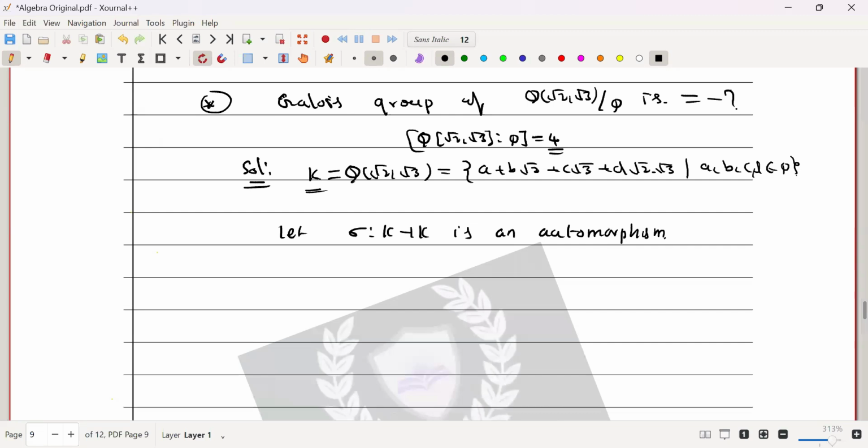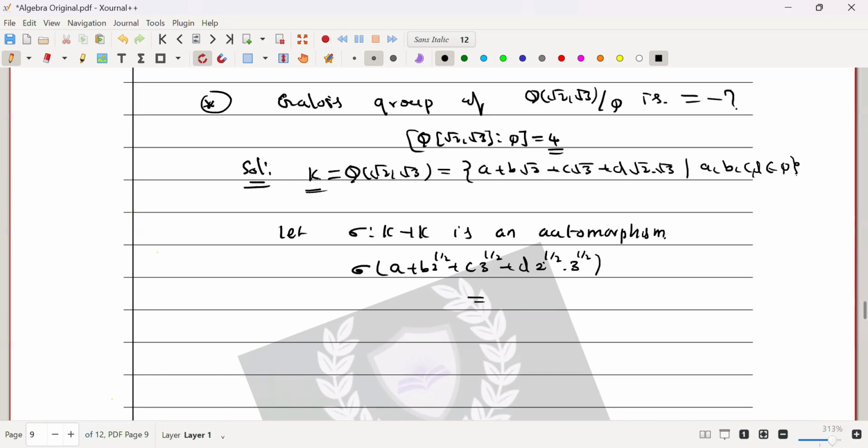So sigma of an element x is the direct element of the form x equal to a plus b 2 power 1 by 2 plus c 3 power 1 by 2 plus d into 2 power 1 by 2 into 3 power 1 by 2.